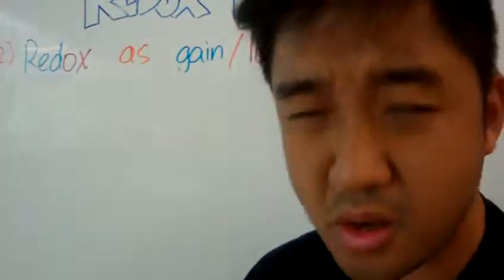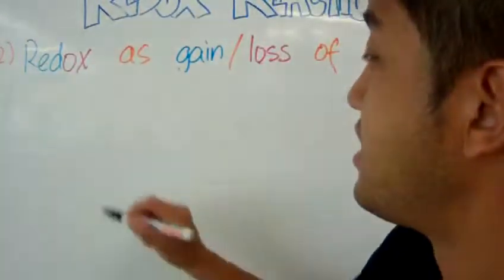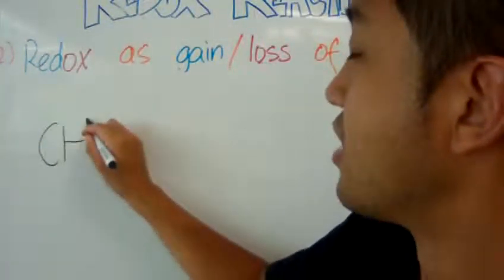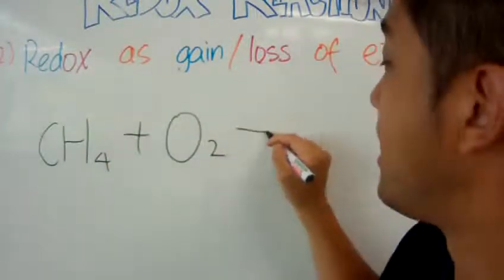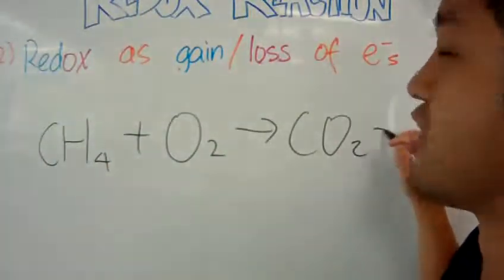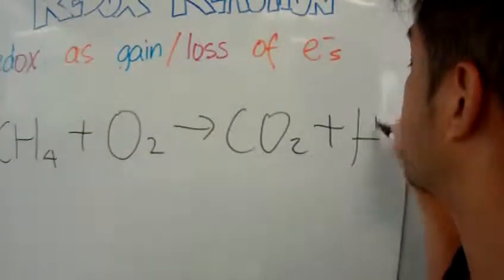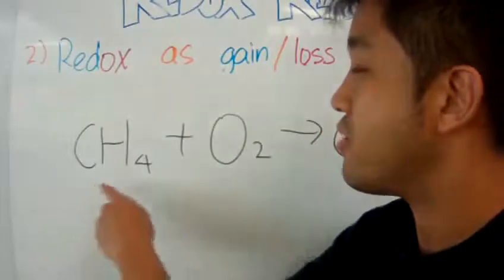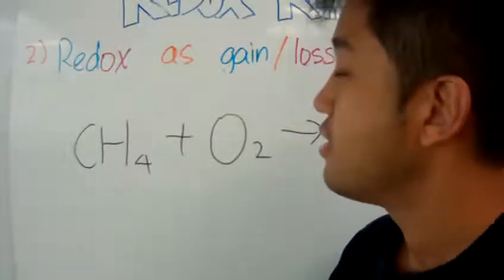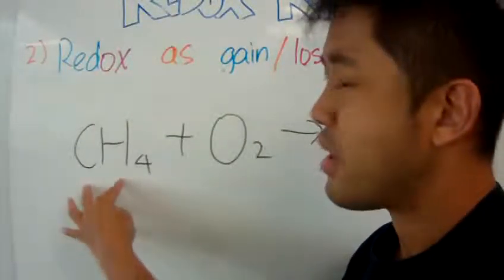Now, what about reactions that don't fit all these things? Let's say a reaction of burning. So we have burning of methane gas to make CO2 and H2O. I'm not even going to balance these, because balancing is not the important thing right now. It is to understand what's happening to the reactants. That's important.